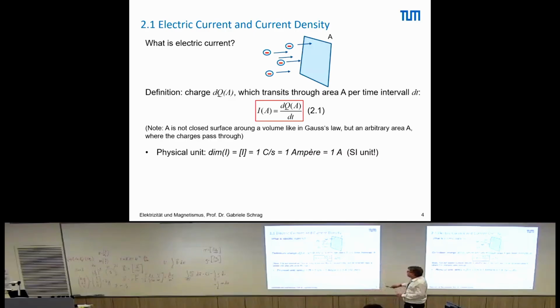Also note, this here is not a closed surface. This is not like what we had in Gauss law, where we had an enclosing, closed surface. This is an arbitrary area that you pick, and within this area a certain amount of charges are passing through per time. So charge per time gives you the current.